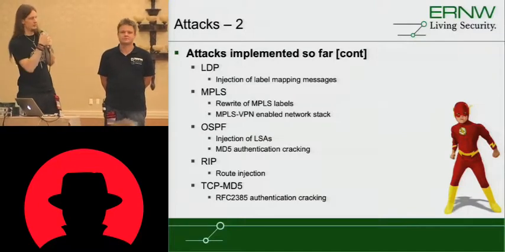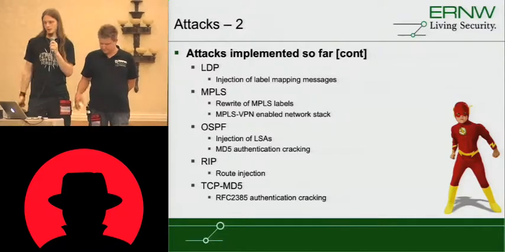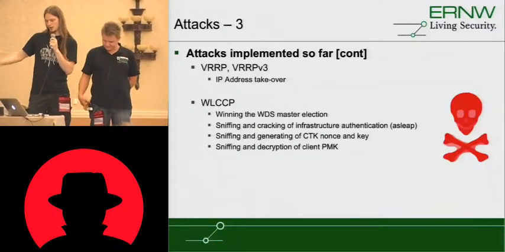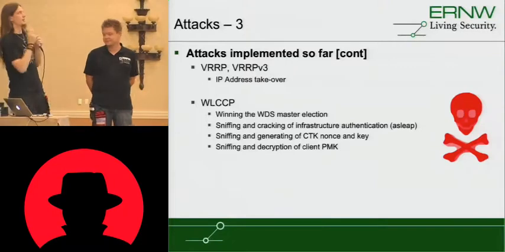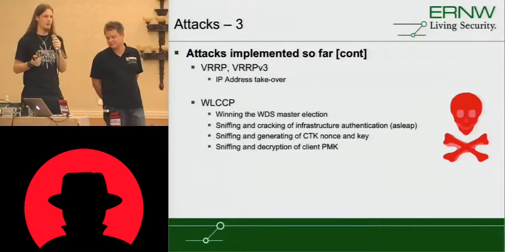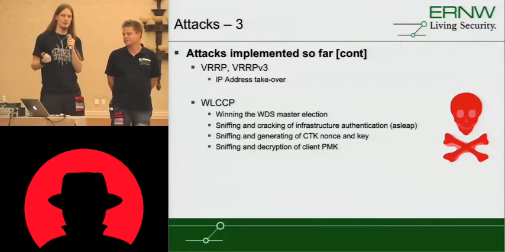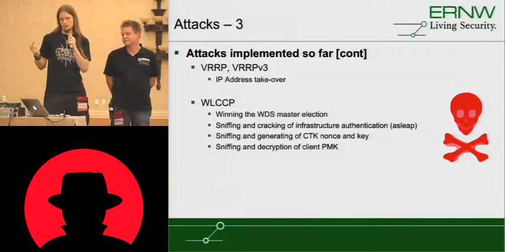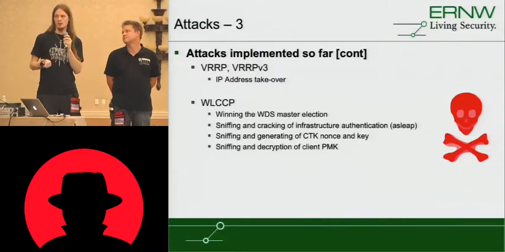So if you see one of these packets, you can also do a wordlist or brute force cracking on the password. There are 3 more modules, which is the VRRP and VRRP v3, which are also for IP address hot standby and fast handover. So you can just take over one of these hot standby IP addresses as well.